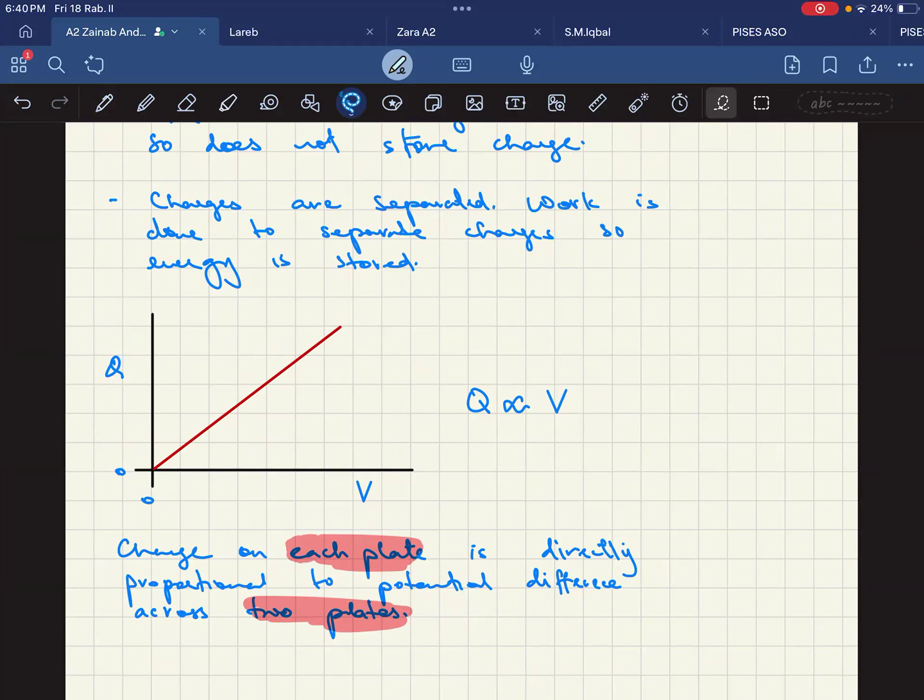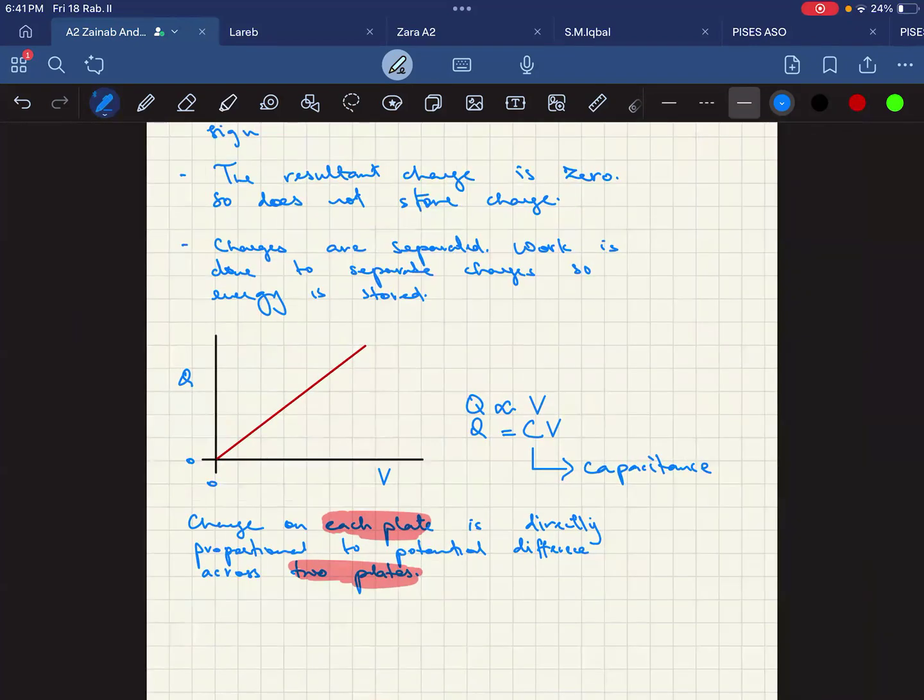Once we replace the proportionality sign with an equals sign, we substitute a constant. Here the constant is C. C is called capacitance. It is constant for a specific capacitor.